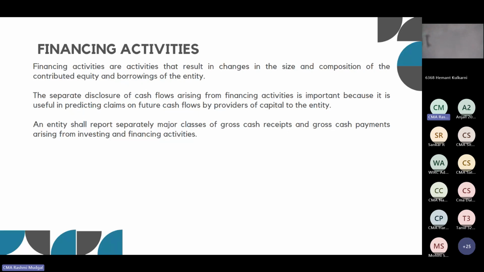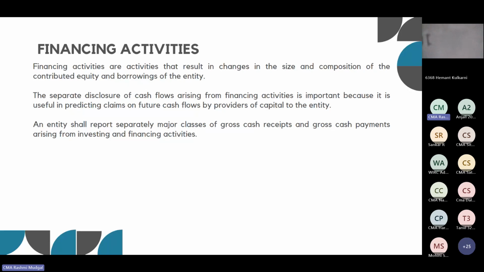Now, financing activities are activities that result in changes in the size and composition of the contributed equity and borrowings of the entity. The separate disclosure of cash flow arising from financing activities is important because it is useful for predicting claims on future cash flow by the providers of capital to the entity.